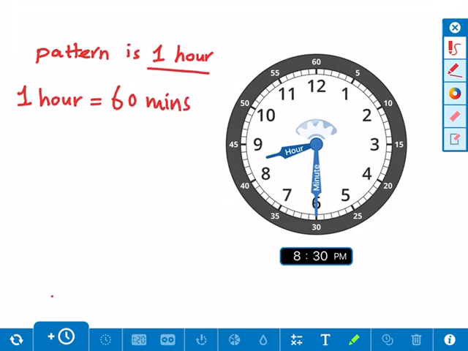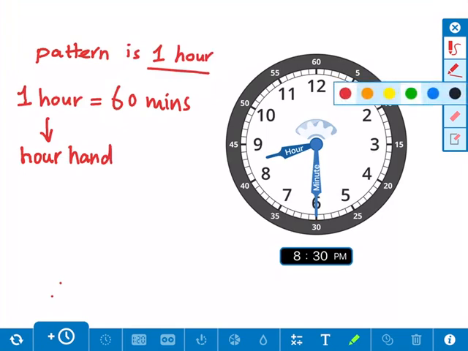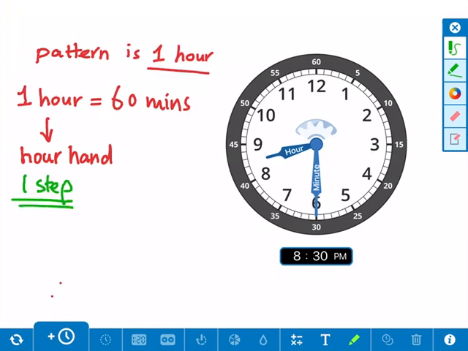So also 1 hour means that the hour hand will move one number, one step. The hour hand moves one step, and the minute hand will move around the whole hour.